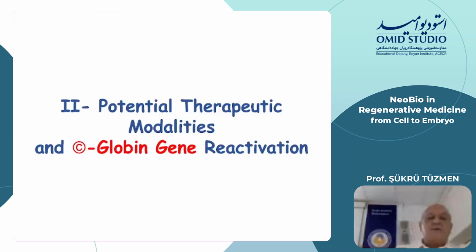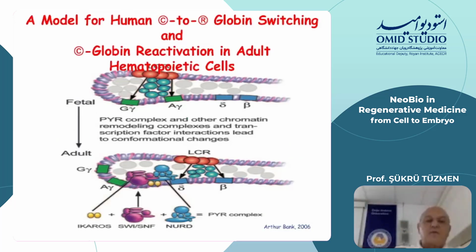So now the modalities for gamma globin gene upregulation. I showed you the human beta globin gene family, and at one point, nearer to the epsilon globin gene, there was a region called the locus control region, LCR.